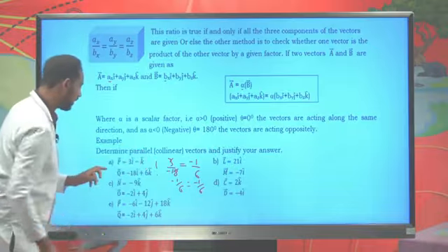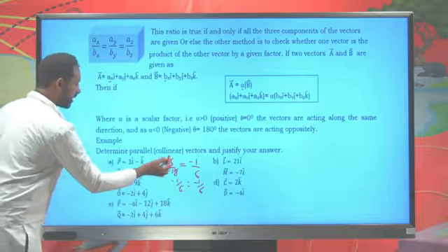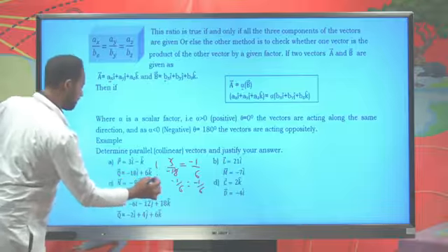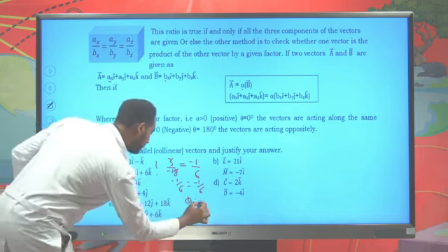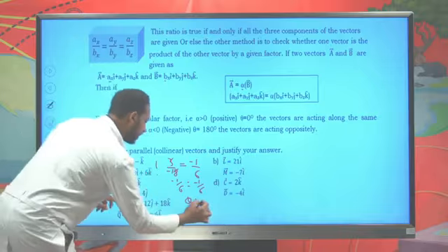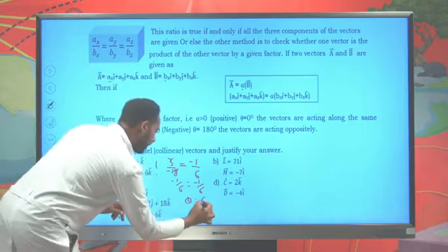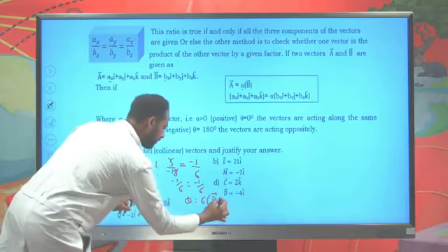Or we can say that vector q, which is minus 18 i plus 6 k, can be given as 6 times vector p.